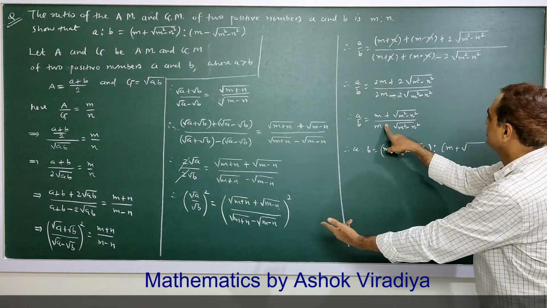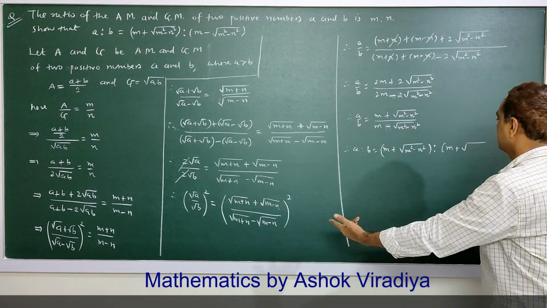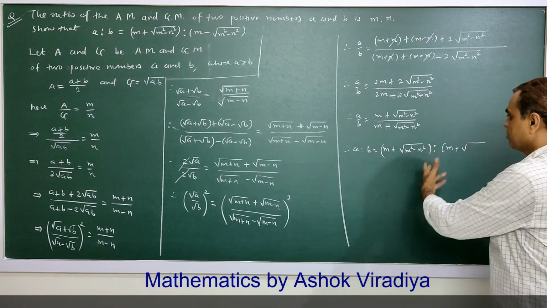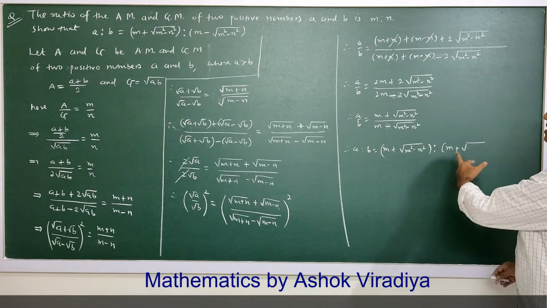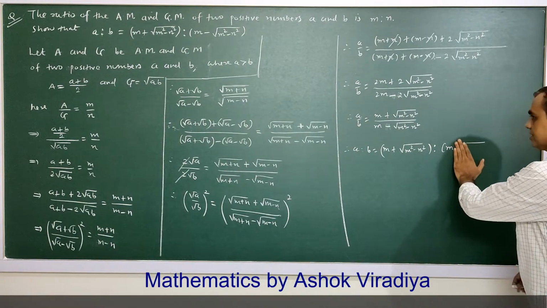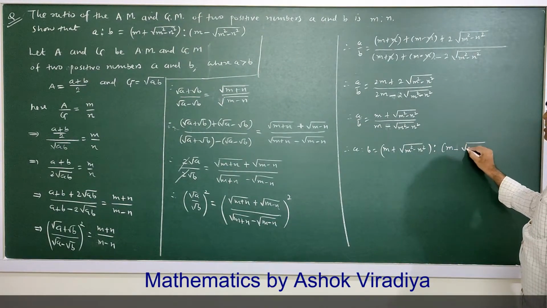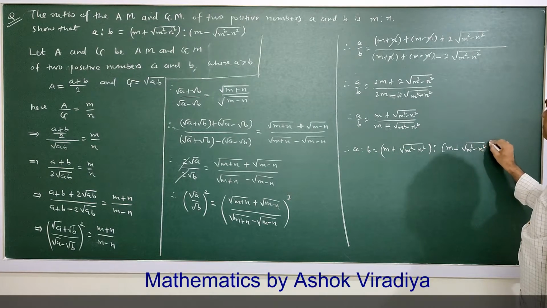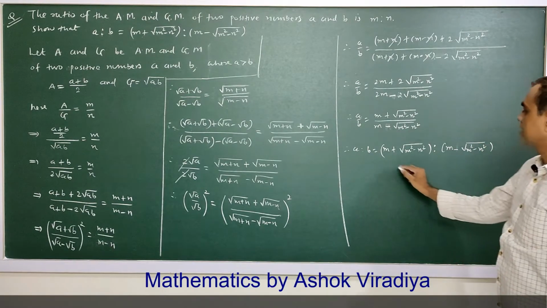So here this will be minus. So m plus root (m square minus n square), m minus root (m square minus n square). So this is the required ratio.